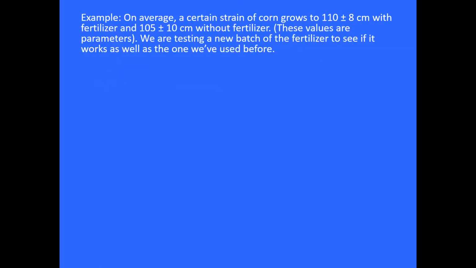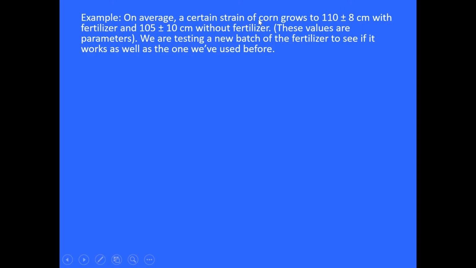Now here's an example. What if we were looking at corn, and we're going to try out this new fertilizer? We've already got some information from the population. We've been using this fertilizer for years and years, and we have these parameters.